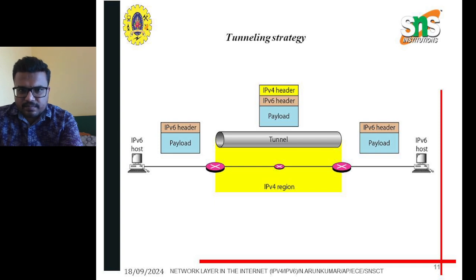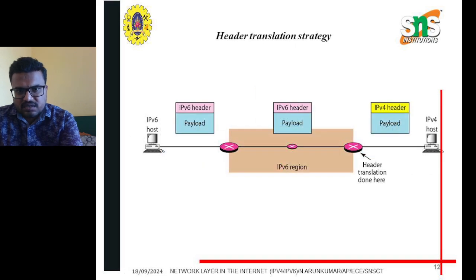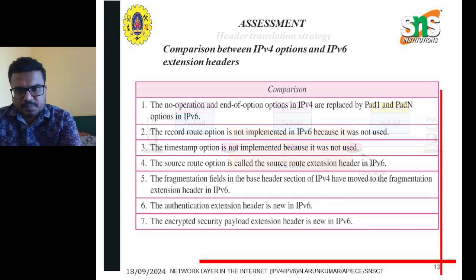Sometimes version 4 is checked once again through this tunneling model, and then it can communicate with the receiver side. Header translation: same process. While moving toward the other end, you need to check the IPv6 header as well as the payload operations.